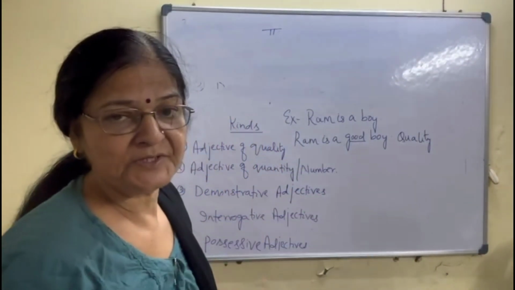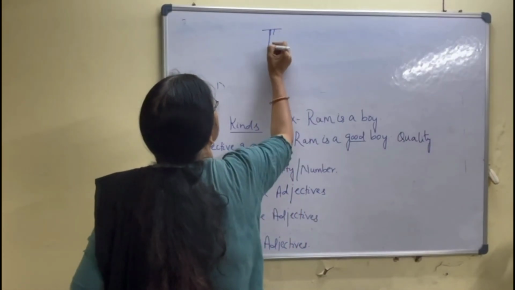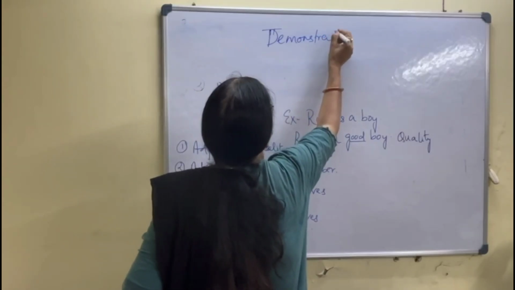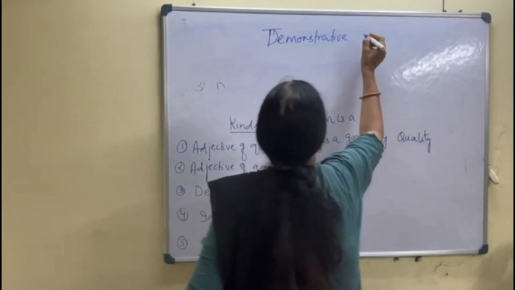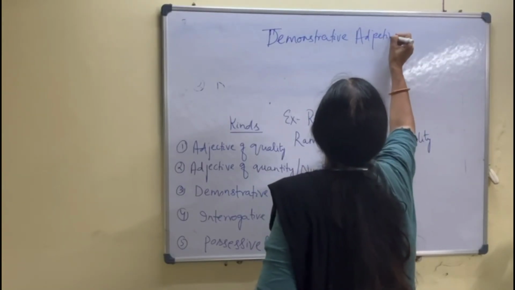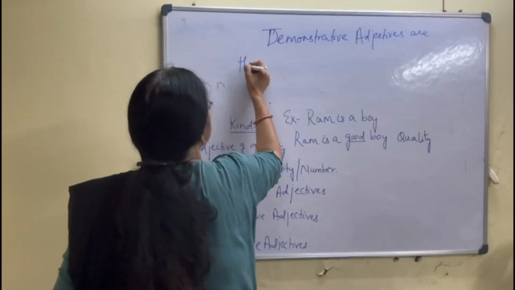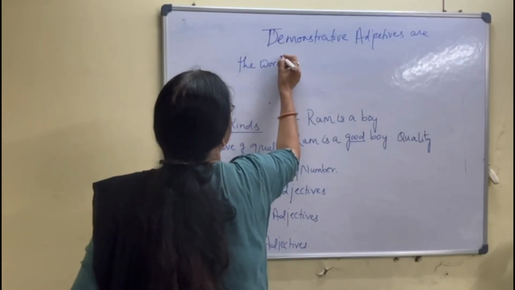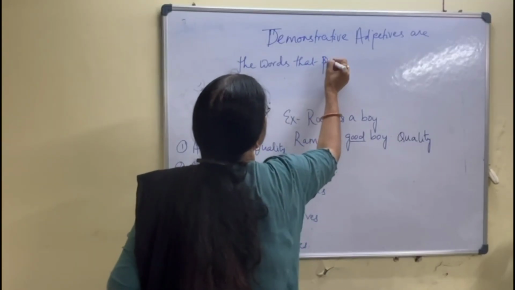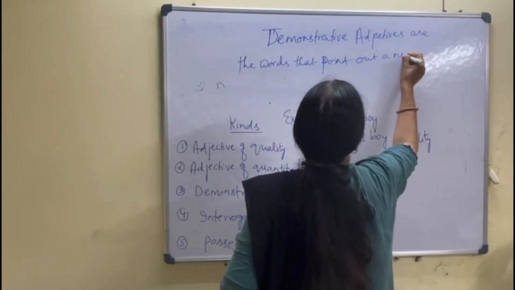Then we have the demonstrative adjective. Demonstration means what? Demonstrative adjectives are the words that show, that point out a noun.